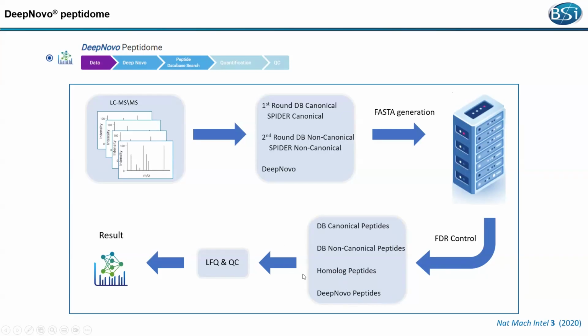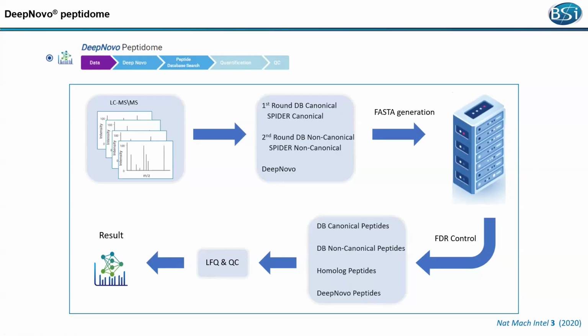The results can directly go into immunogenicity prediction or length distribution. Or if you're interested in the peptide distribution between the different samples, you can also do LFQ and quality control.